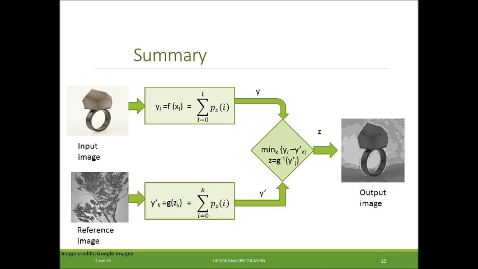Now, after applying the histogram equalization and computing the cumulative distribution function, we arrive at a criteria or a lookup table which transforms this particular histogram of this reference image to this input image. And finally, we are getting an output where the input image has the histogram of the reference image.